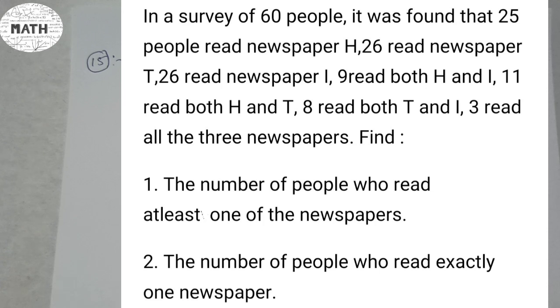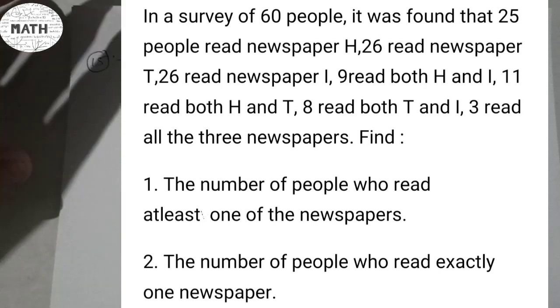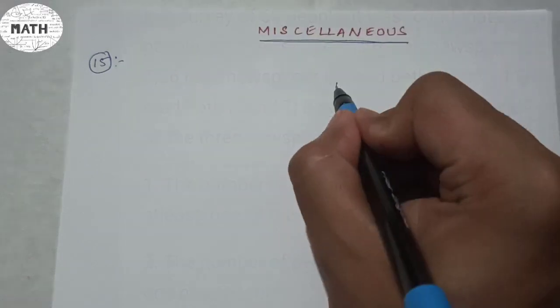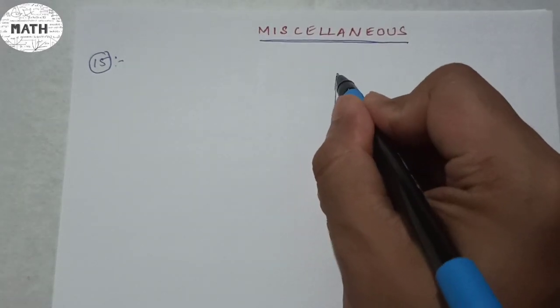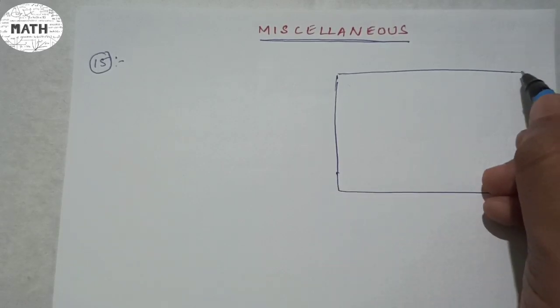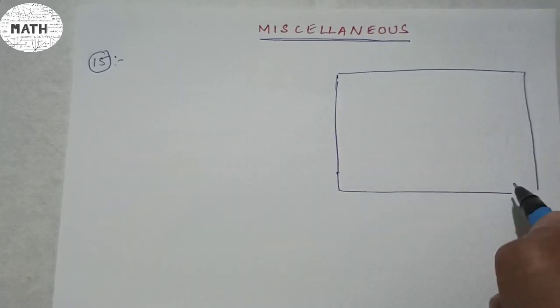One thing very different about this question is that I don't have 2 sets but rather 3 sets. So I'll be taking the help of a Venn diagram in order to solve this question. Let me just draw the diagram first. Draw a nice diagram. You can draw with a pen or with a pencil, but always draw freehand.